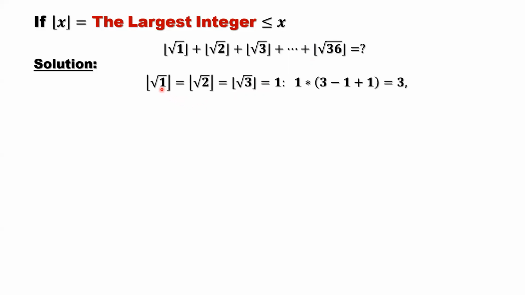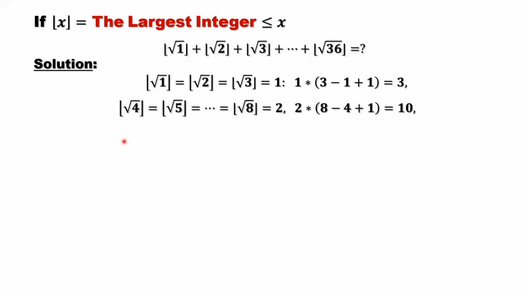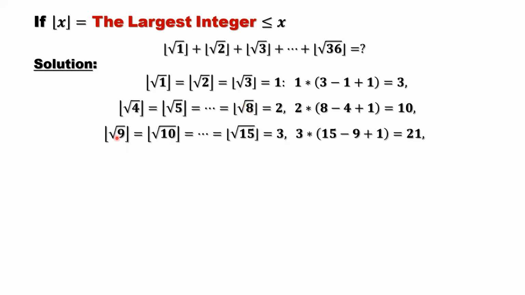For example, we cut here from the first 3. The next one, that's square root of 4. Its floor function, until the square root of 8. So 9, square root of 9, that's 3.